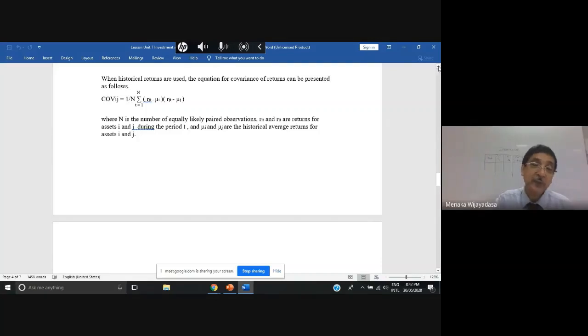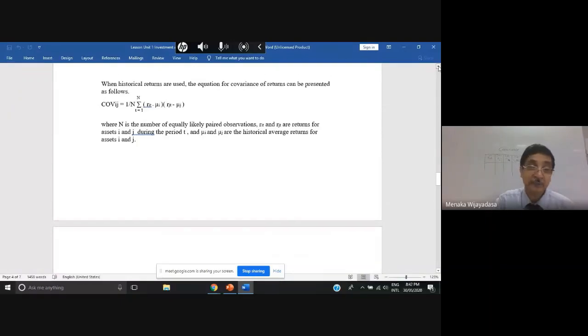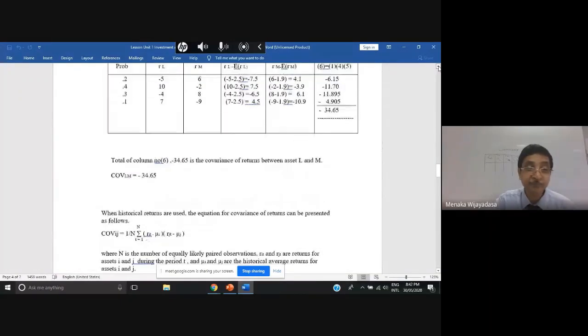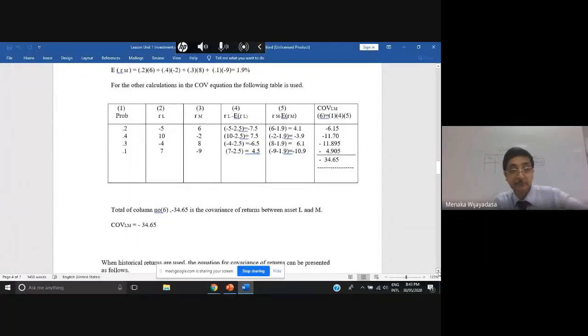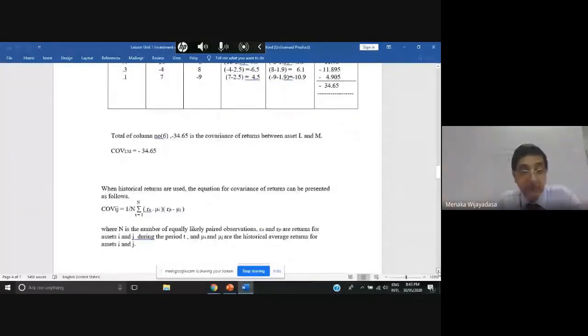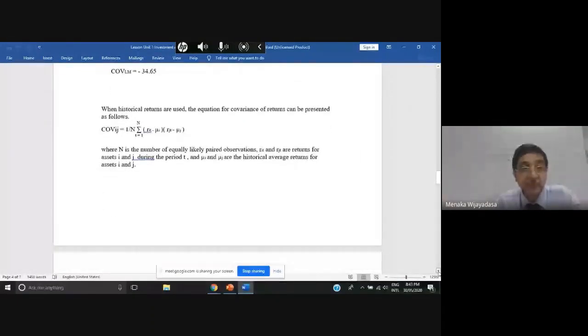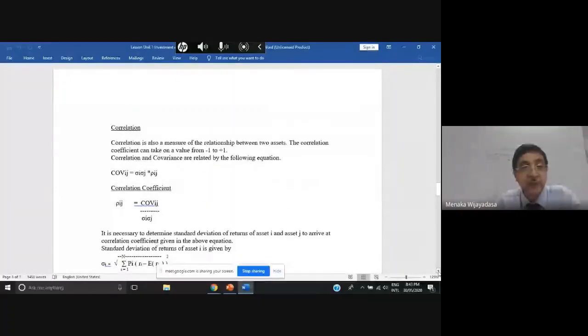After calculating the covariance, you can divide it by the standard deviations of returns of L and M. When you do that, you will arrive at the correlation coefficient. In this lesson, I have explained the calculation of correlation also.